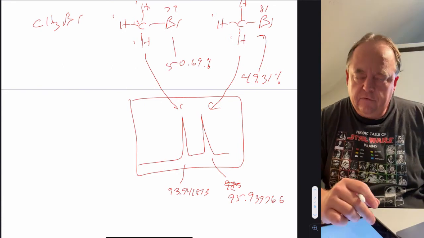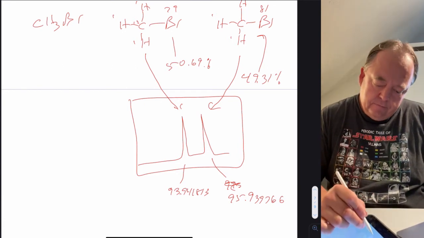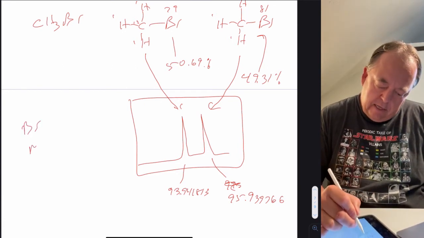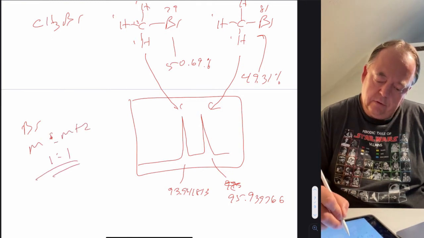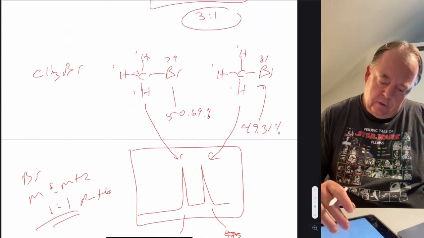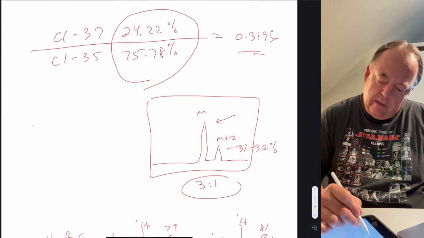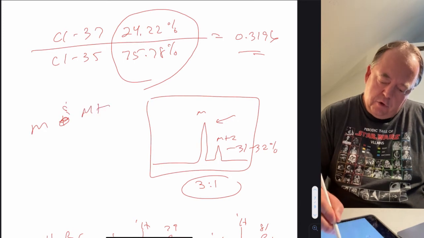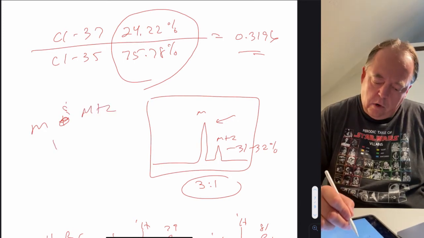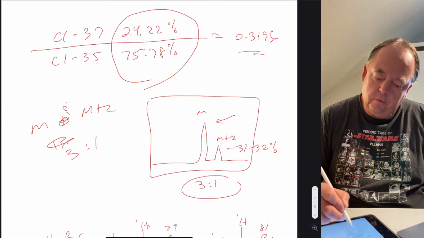So it's easy to tell if there's a bromine in your molecule because you have an M and an M+2 peak in a 1-to-1 ratio. If you have a chlorine in your molecule, you have an M and another peak 2 mass units higher in a 3-to-1 ratio.